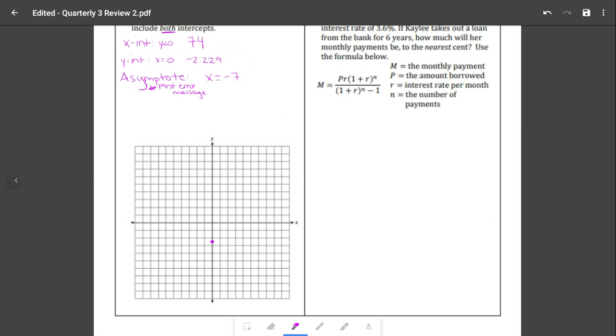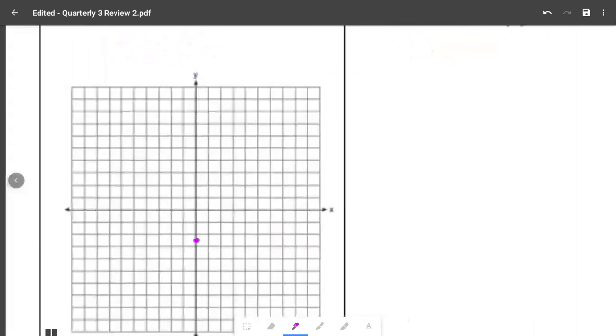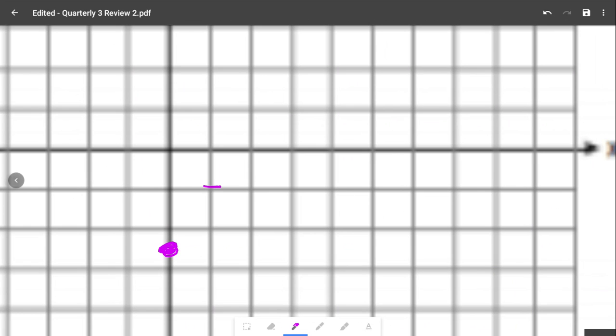So there are 10 spaces here. If you do 74 divided by 10, we get 7.4. So you want to count by something greater than 7.4. So I'm going to round up to 10 just to make my life easier. Counting by tens is pretty easy.